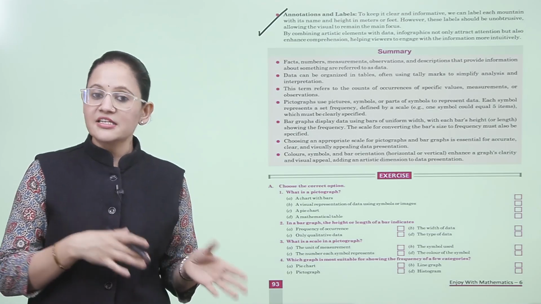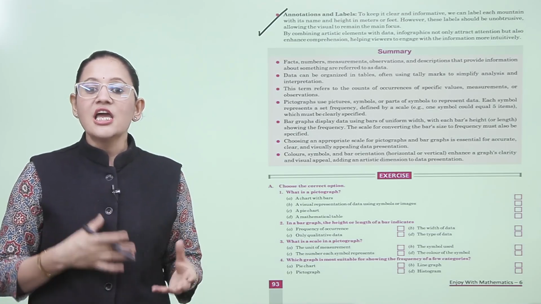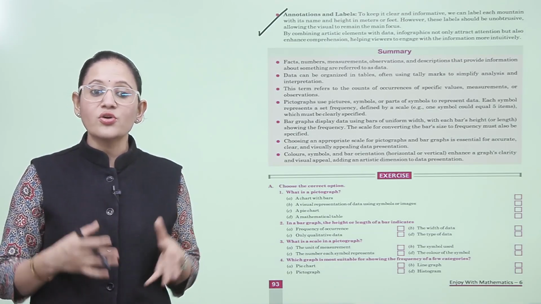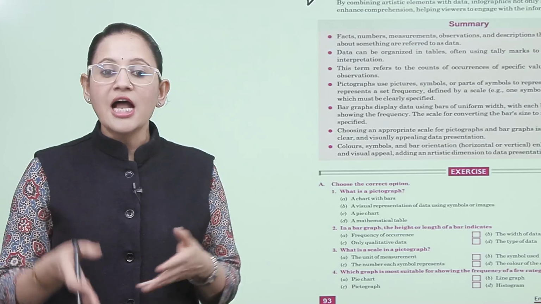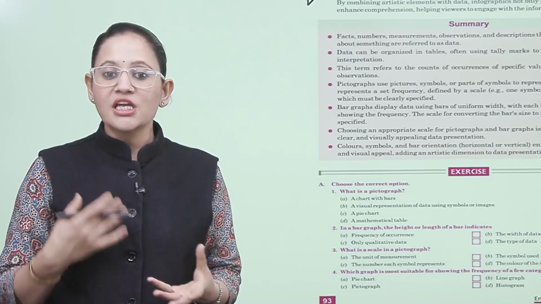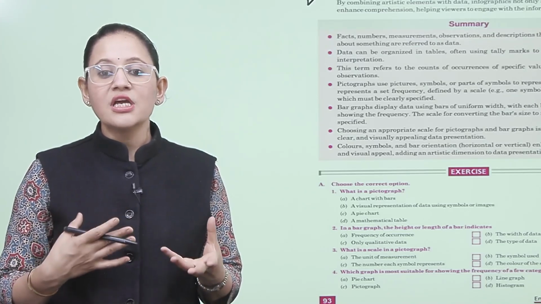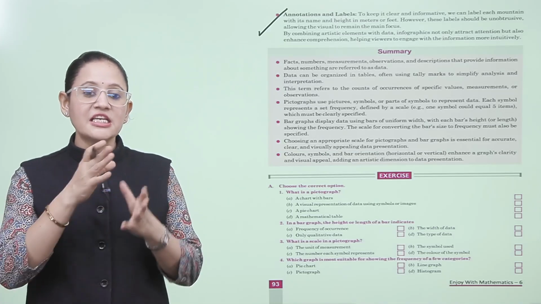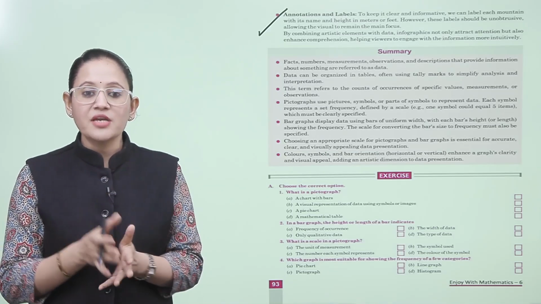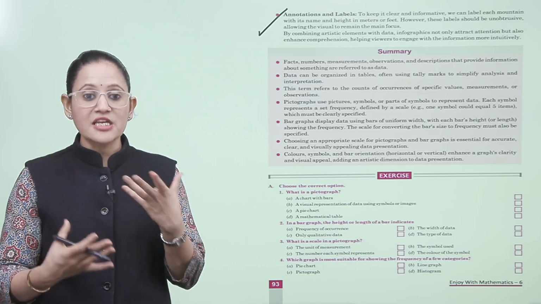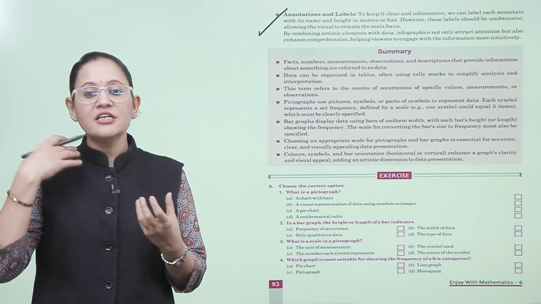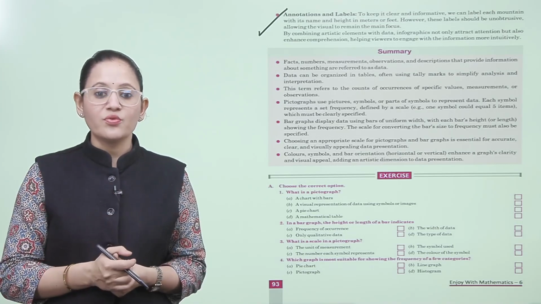By combining artistic elements with the data, infographics not only attract attention but also enhance comprehension, helping the viewer engage with the information more intuitively. So you have seen, by making these little changes and keeping these things in mind, we can make the data more interesting, more visually appealing, more infographic, so that it attracts the attention of the viewer.